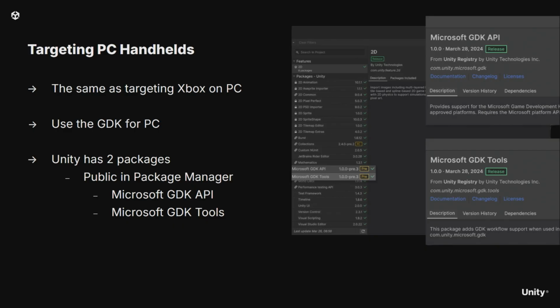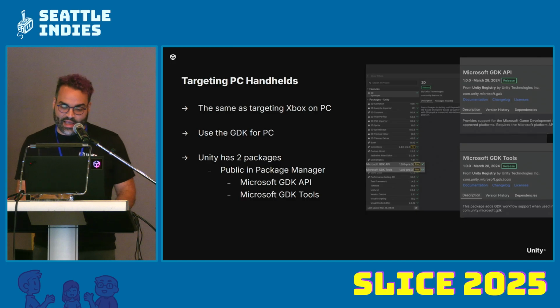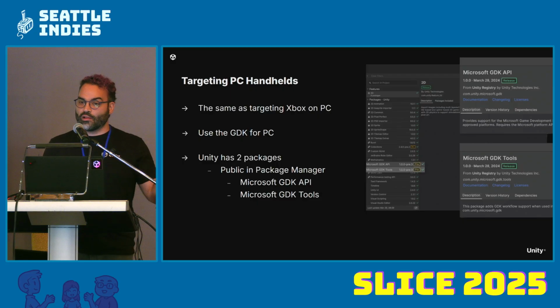And Unity already partnered with Microsoft and unified the process of developing for Xbox on PC and the Xbox on consoles. All you need to get started in Unity is to download the GDK API package and the GDK tools package from the package manager. It's available for everybody, even with a personal license.